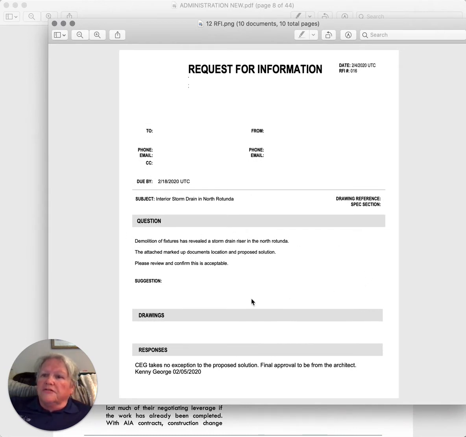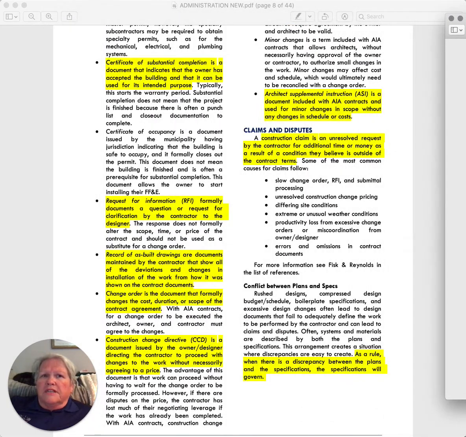Oftentimes in RFIs you can attach clippings of the drawing to demonstrate your point of what's going on. And then there's a place for the contractor to indicate suggestions as to how to deal with the issue. What's critical here is that the architect responds and tells you the direction, because the general contractors are not the designers, and so you should never take on that liability, and that should stay with the architect of record.